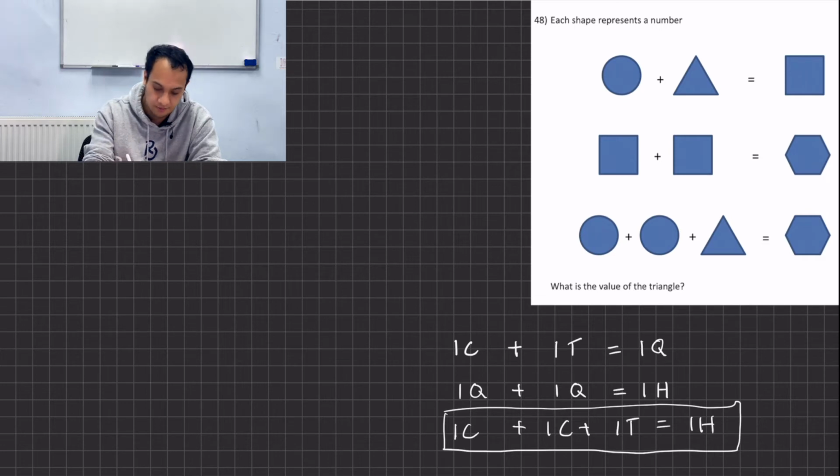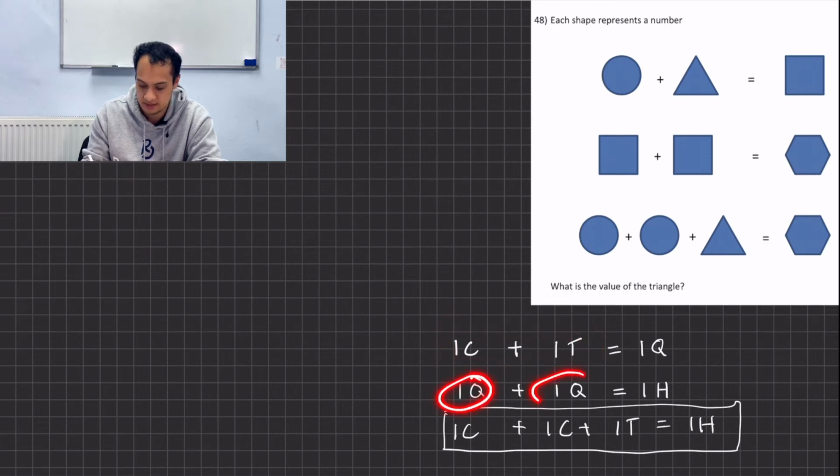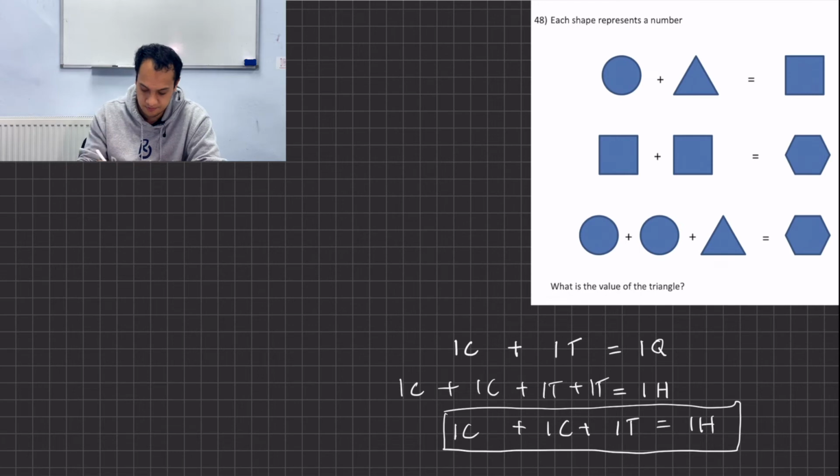What we can do is we can substitute these values in for our squares. So we can substitute 1C plus 1T in for 1Q twice. If we do that, what do we get? We get 1C plus 1C plus 1T plus 1T equals 1H.